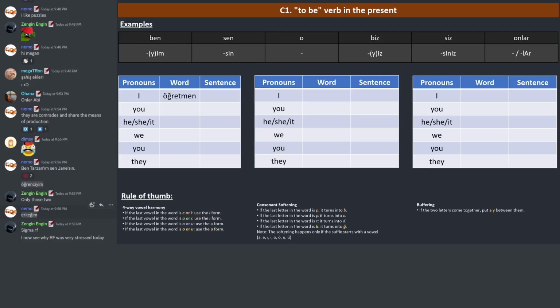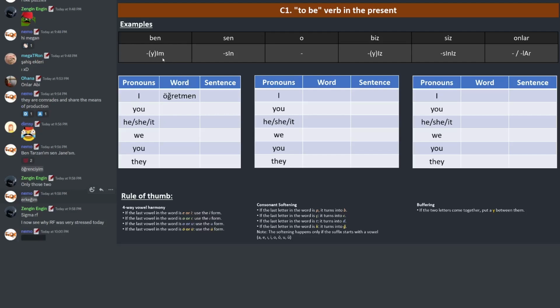So "ben," how should the sentence go? I have to choose the ending, but the thing I have to keep in mind is the vowel harmony. The last vowel is e. My table tells me e is e. So I have to choose "im." Do I need the Y buffer? I don't think so, because "öğretmen" has N at the end. It's not a vowel. So I will simply choose "öğretmenim."